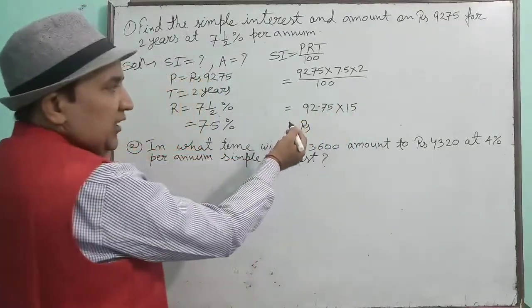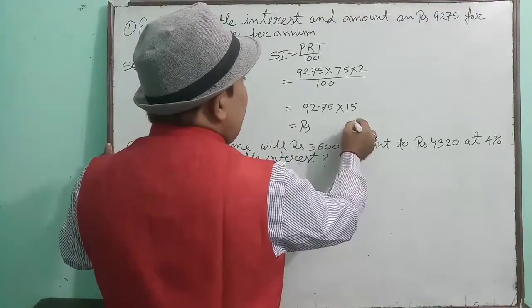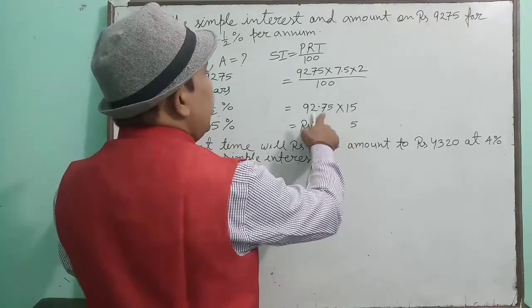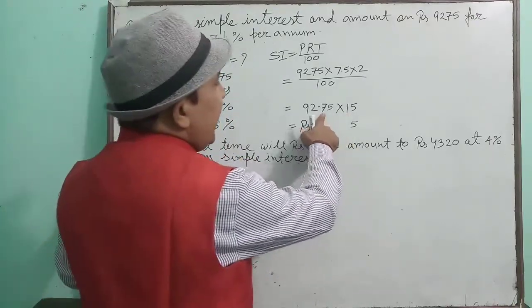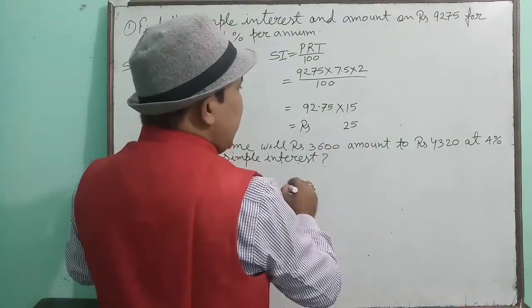Now multiply both the numbers and you will get simple interest. 15 into 5, 75, 7 carry on. 15 into 7, 105, 105 and 7, 112, 11 carry on.